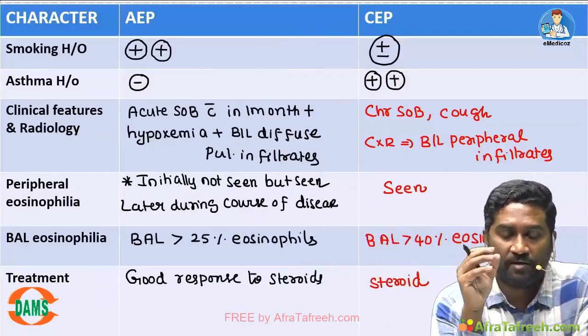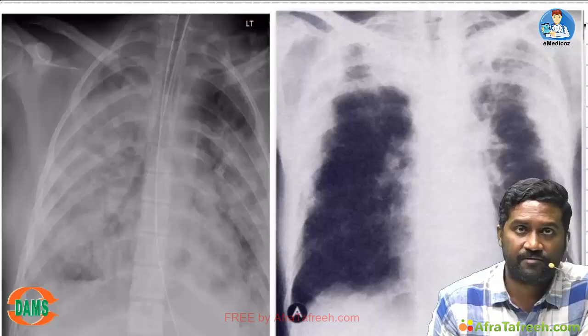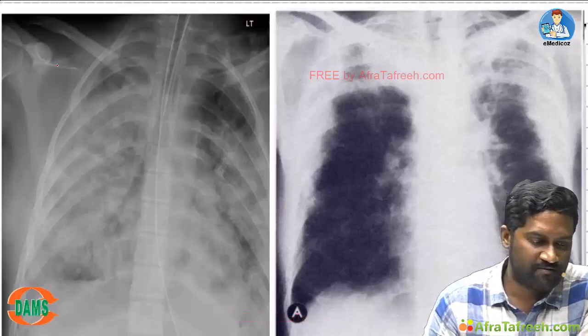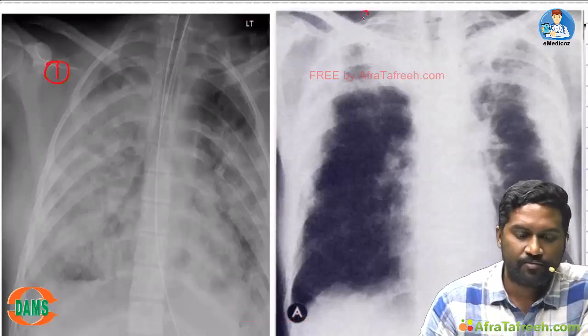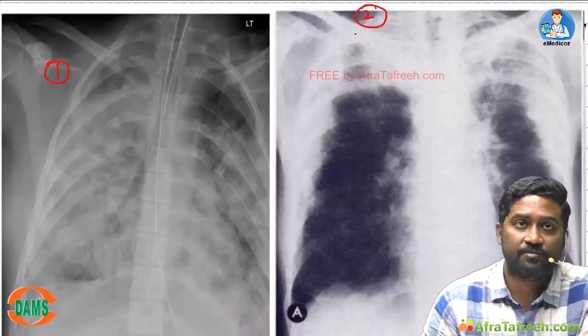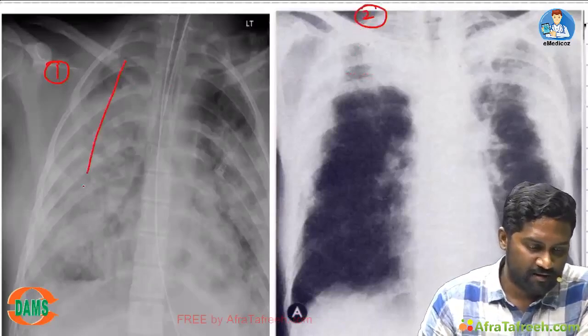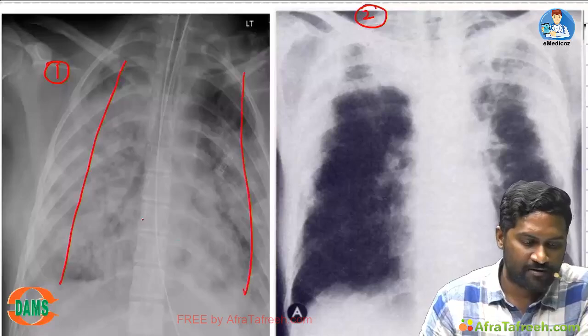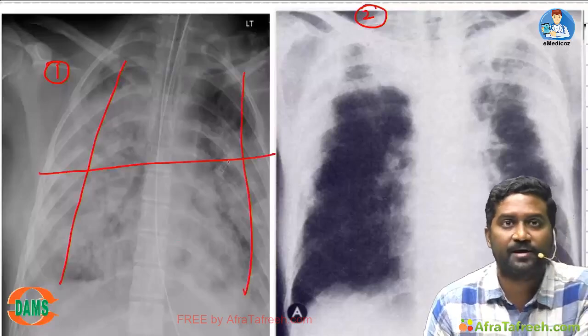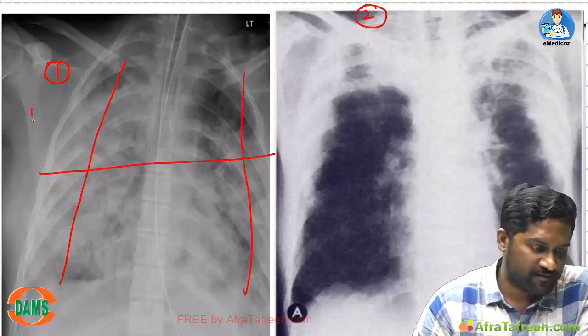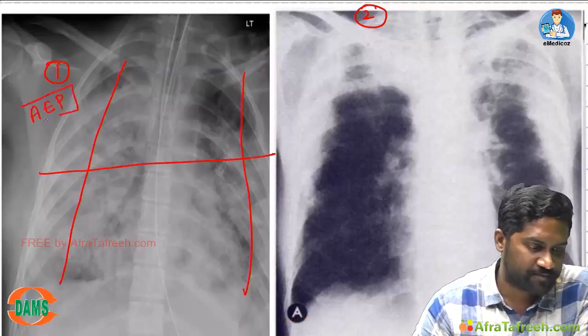Let us see radiological features. There are few questions. There is image 1 and image 2. Which is acute eosinophilic pneumonia? Image 1, if you notice, bilateral diffuse pulmonary infiltrates. This is acute eosinophilic pneumonia.